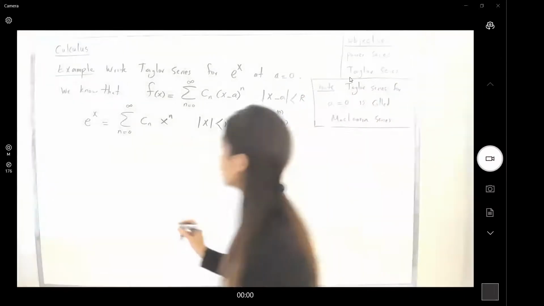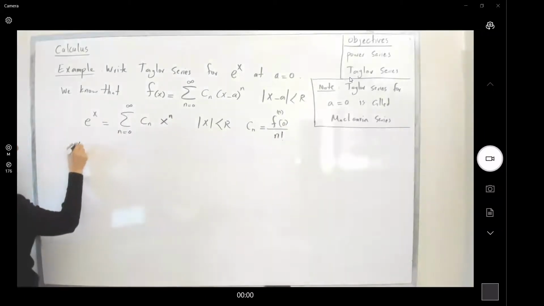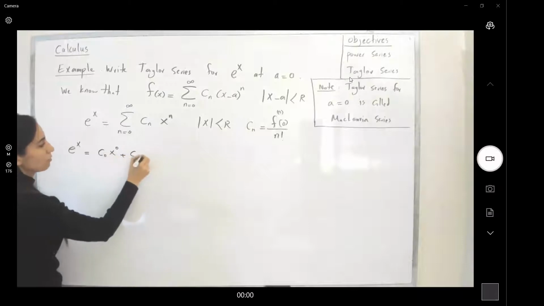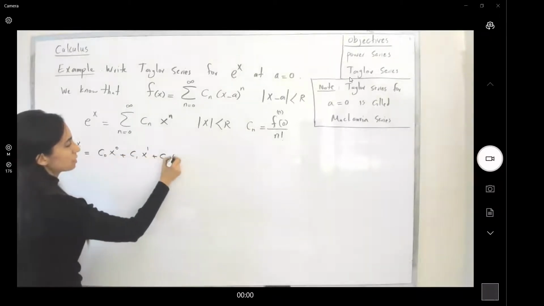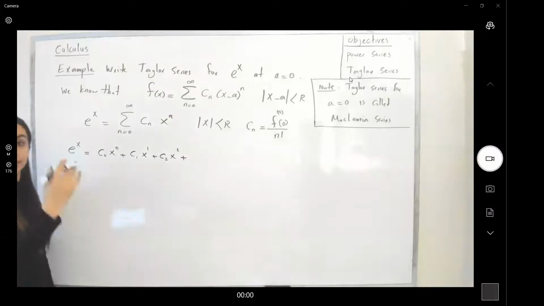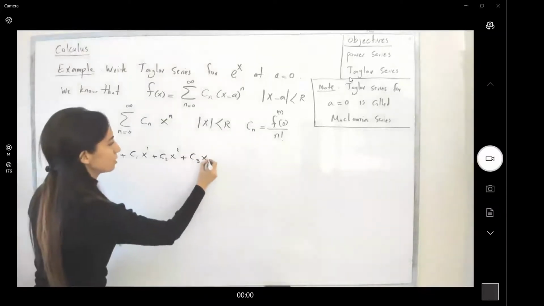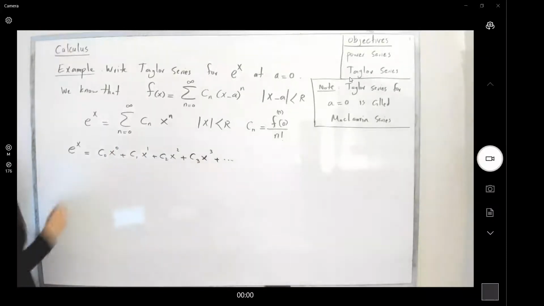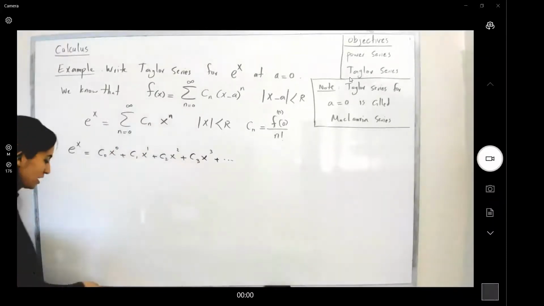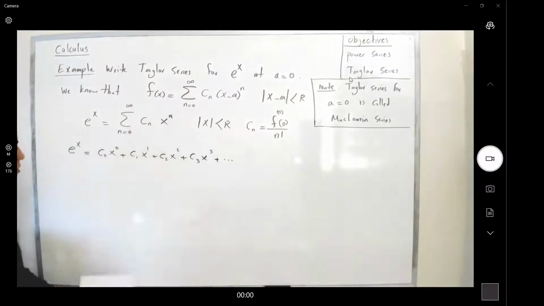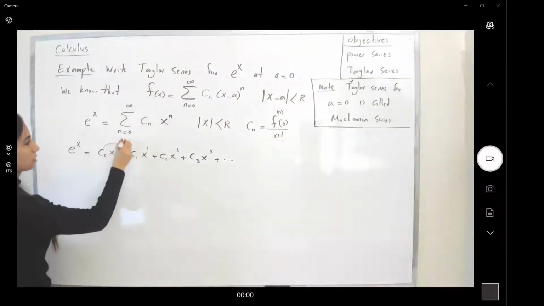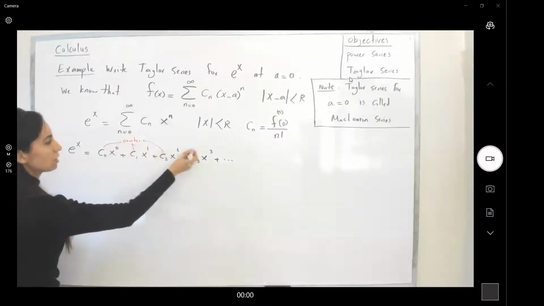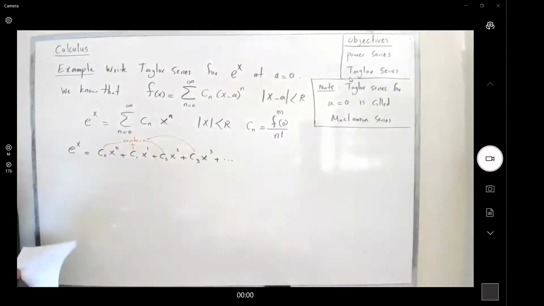So e to the x is equal to c sub 0 x to 0, c sub 1 x to the first power, c sub 2 x squared, c sub 3 x cubed, plus the rest of the terms. We need to evaluate each of these numbers, coefficients. These are just numbers.